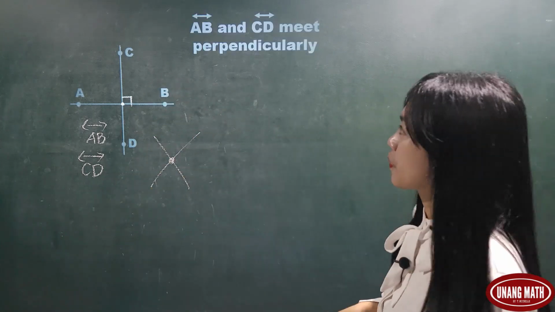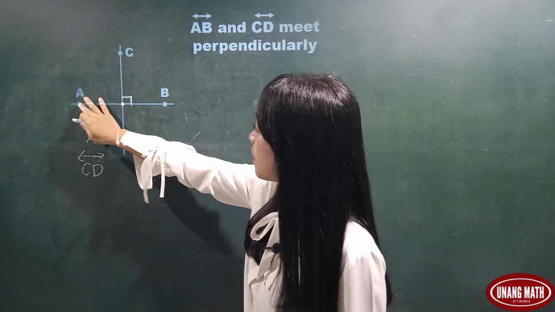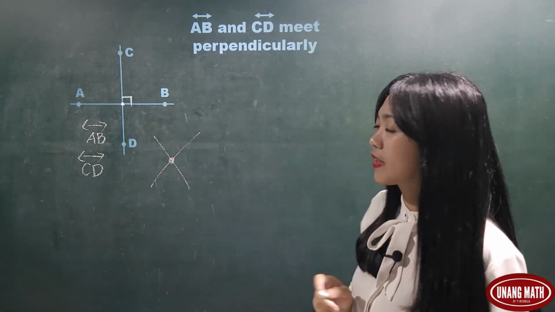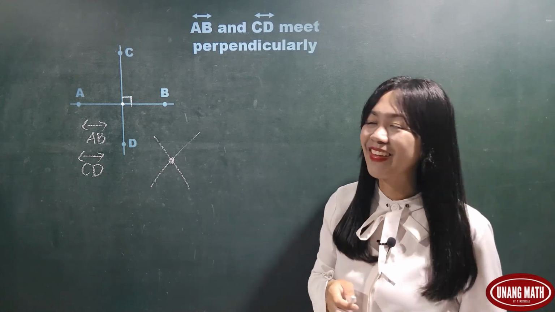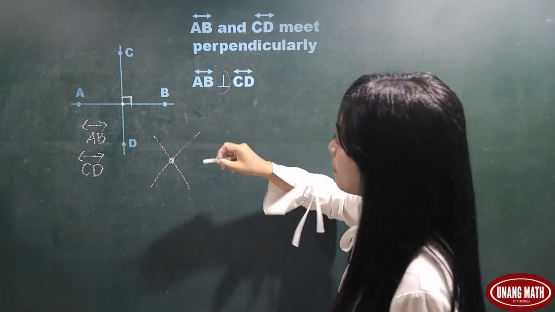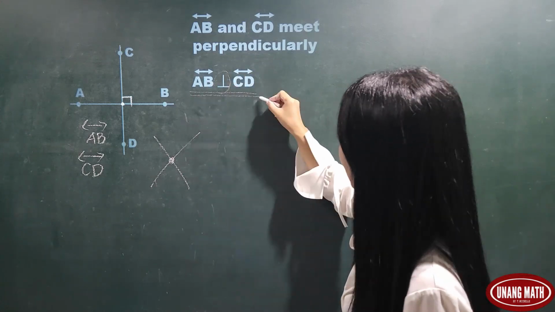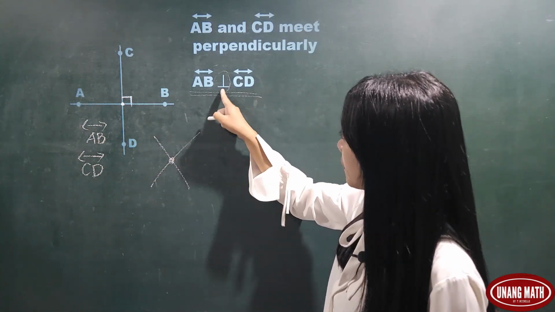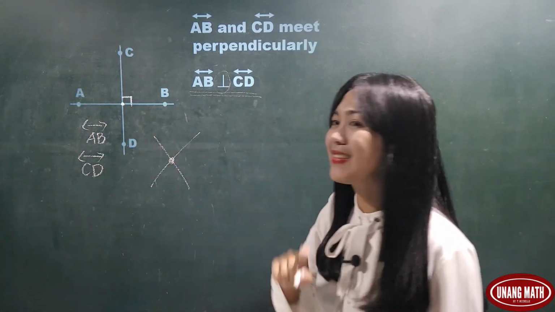So in this figure, line AB and line CD meet perpendicularly. The symbol for perpendicular is this symbol. And we will read this as, line AB is perpendicular to line CD.